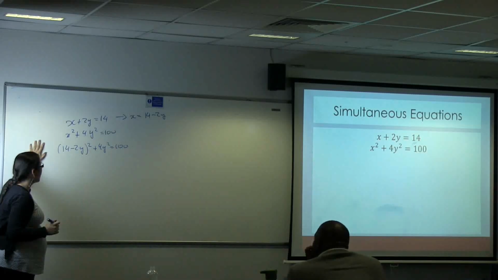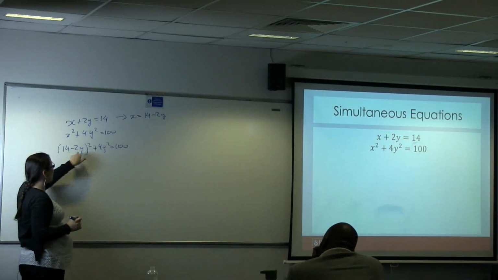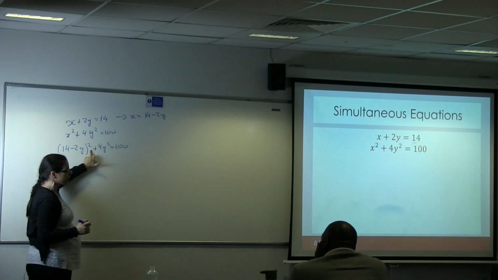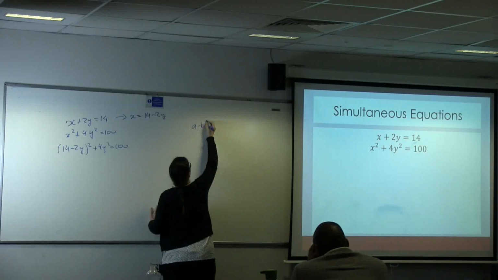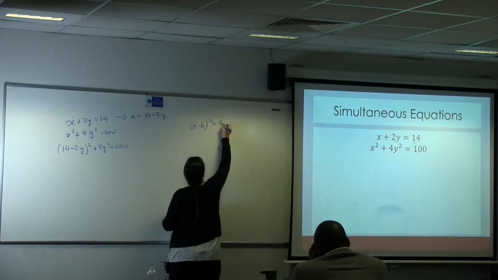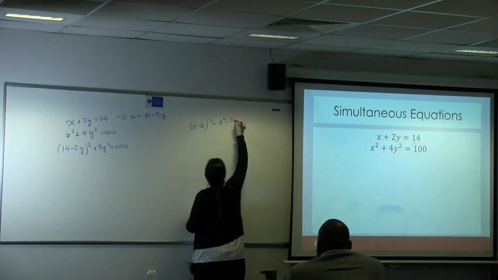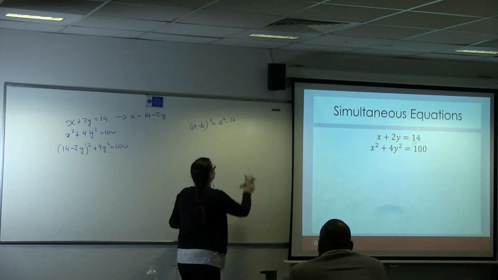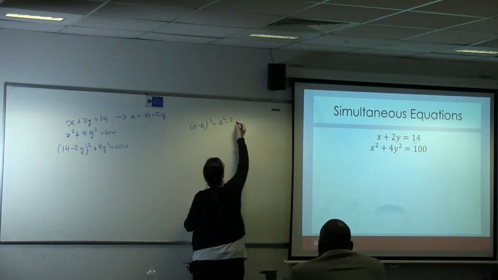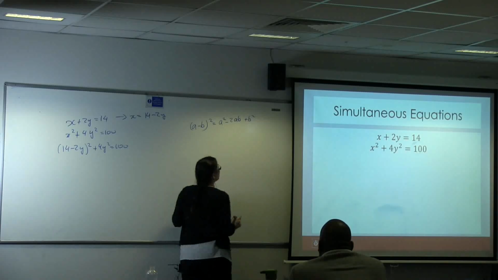But now I've got a problem because I've got a difference of two terms that I have to square. And that is nothing else as the square of the first term, minus the double of the two terms multiplied together, plus the square of the second term.